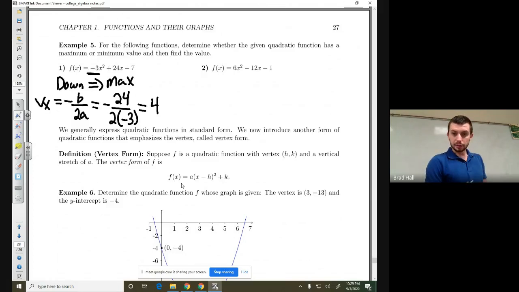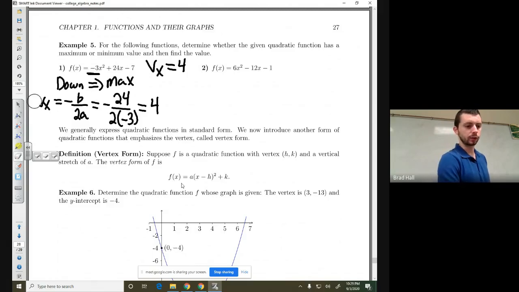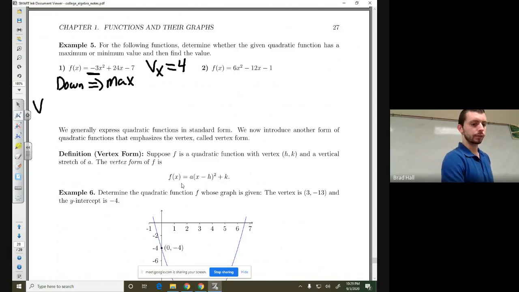We plug that back into the original function to determine y, or the y coordinate of the vertex. So I'm going to erase that stuff below, and I'll rewrite the x coordinate up there. And so to figure out the y coordinate, we plug in 4 for every x in the function.